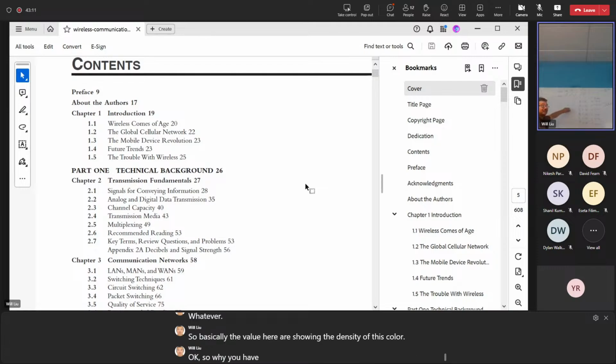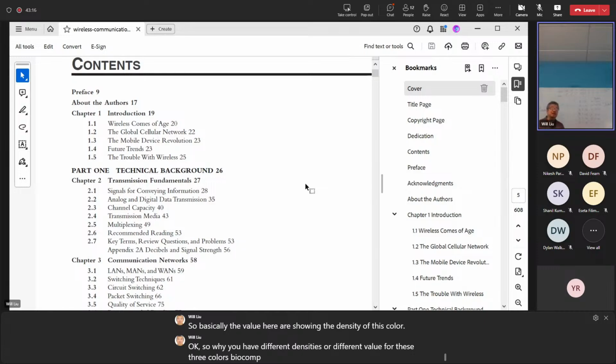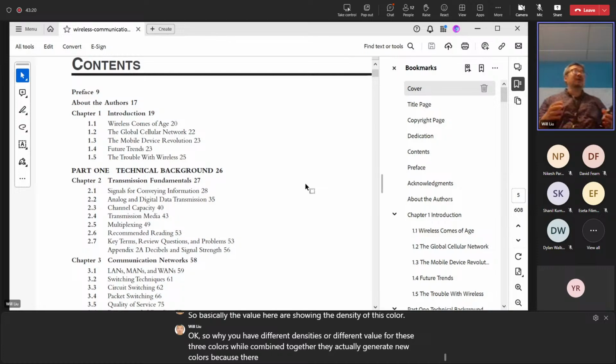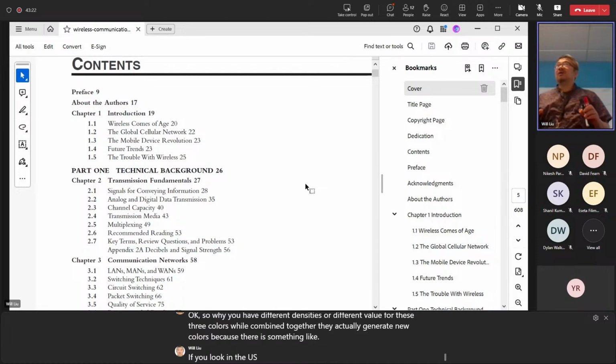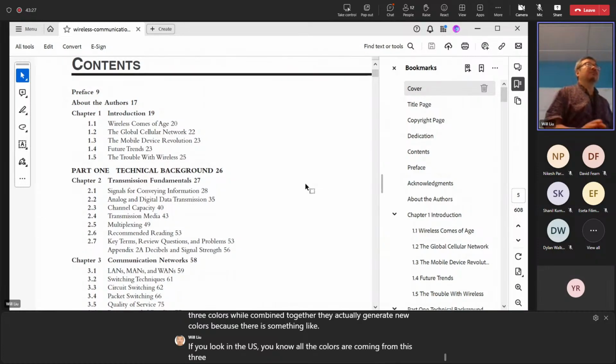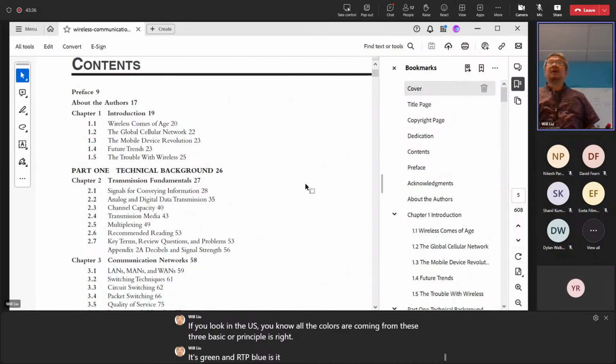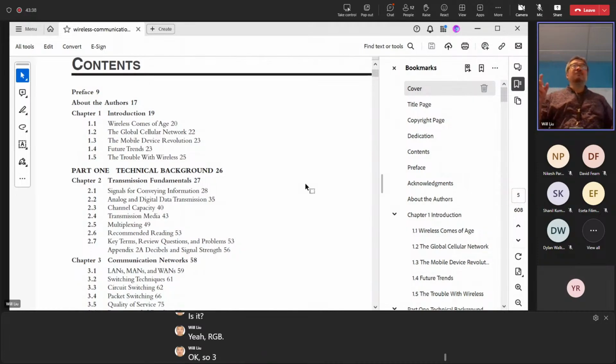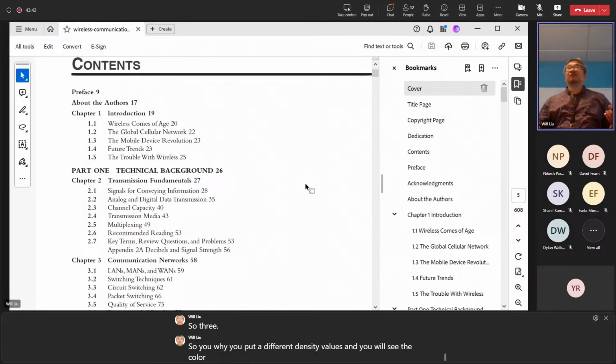When you have different densities for these 3 colors and combine them, they generate new colors. If you learn the arts, you know all the colors come from these 3 basic colors, red, green and blue. So when you put in different density values, the color can be different.